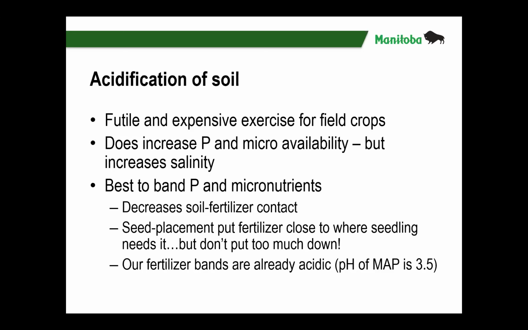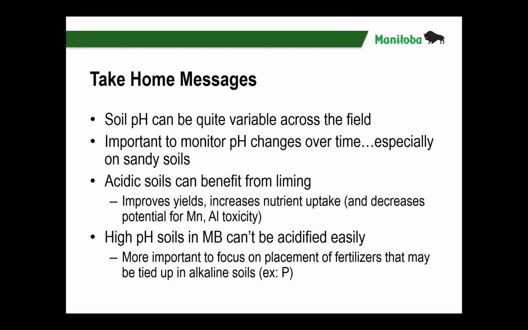Now, of course, we want to make sure we don't put too much fertilizer down really close to the seed. But when we're talking about putting down some of these specific fertilizers that have decreased availability in high pH soils, decreasing how much soil it comes in contact with is really important. And this is why banding has always been kind of a number one use of these nutrients, especially in those high pH soils. Works very well.